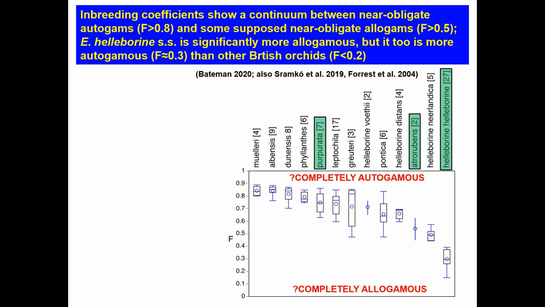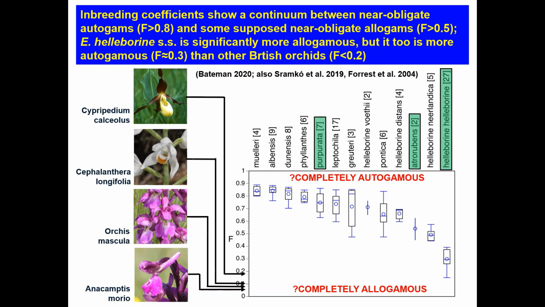So the next question we might want to ask is, how does Epipactis compare with other groups of British orchids? And that's what I've done here. I've picked out a few random examples of British orchids, Cypripedium, Cephalanthera, Orchis and Anacamptis, all of which have had their inbreeding coefficients calculated. And you'll see that all four of these species have inbreeding coefficients lower than 0.2.